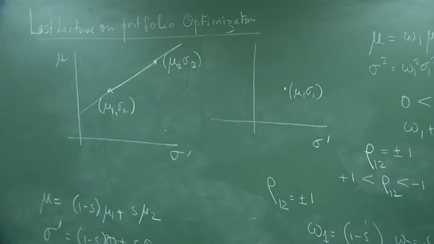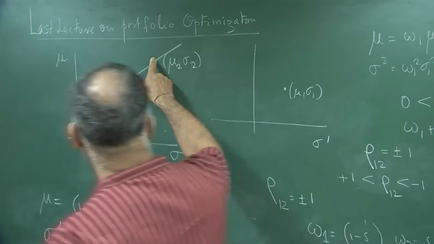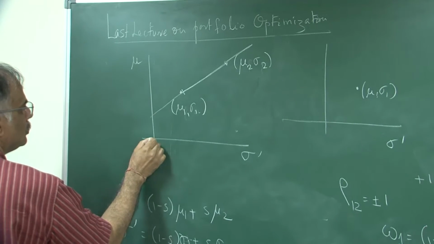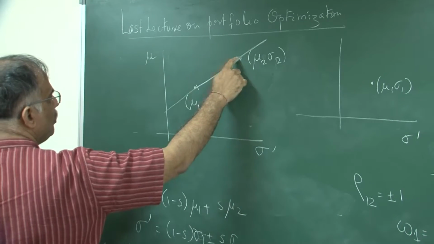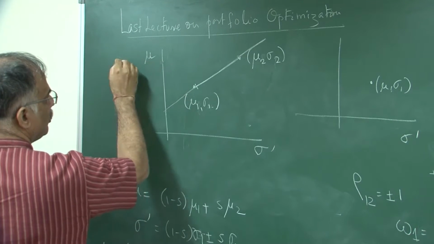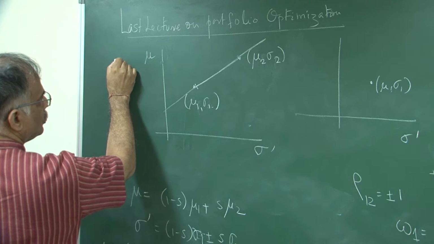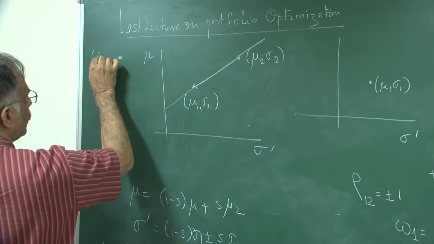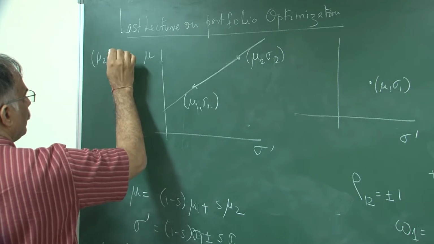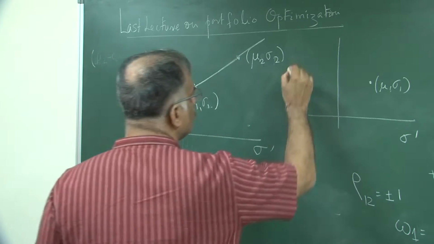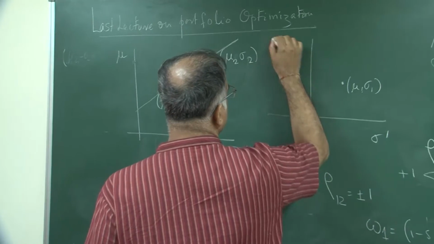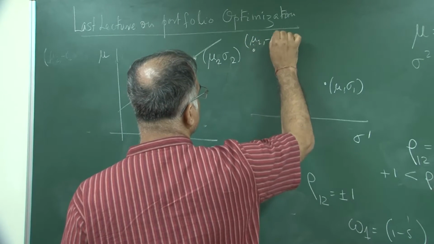Whatever was sigma 2 there, here I have to have minus sigma 2. So, it will be the same mu 2, but minus sigma 2. So, it will come here. I am drawing this. This point will be the same mu 2, but minus sigma 2.